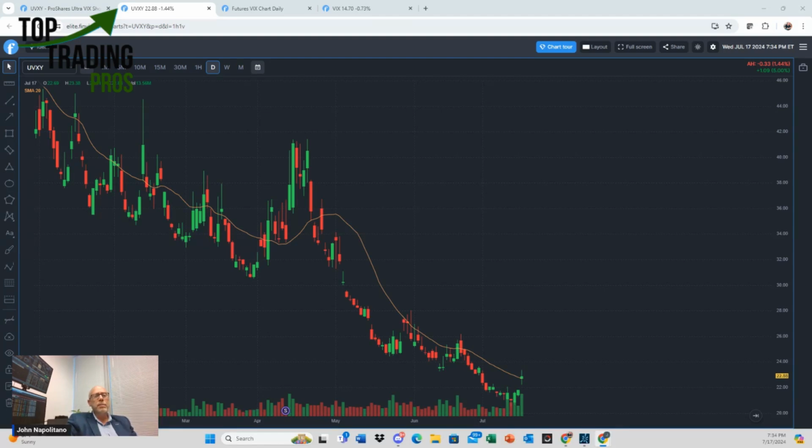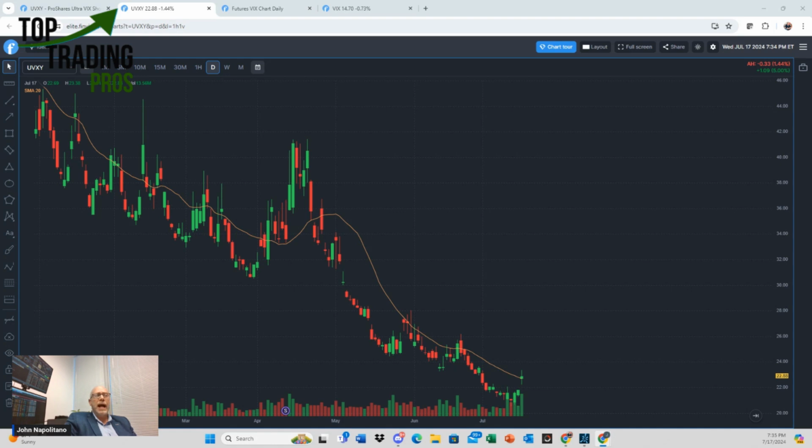One of the things you could simply do is buy puts on QQQ or puts on SPY. Measure what your overall portfolio risk is, how much you want to hedge and what percentage you want to hedge based on the size of your account, and buy put options on SPY or QQQ accordingly.